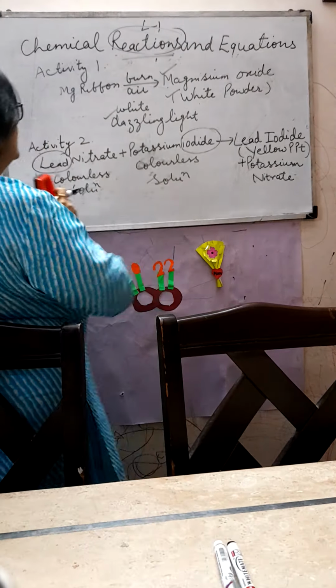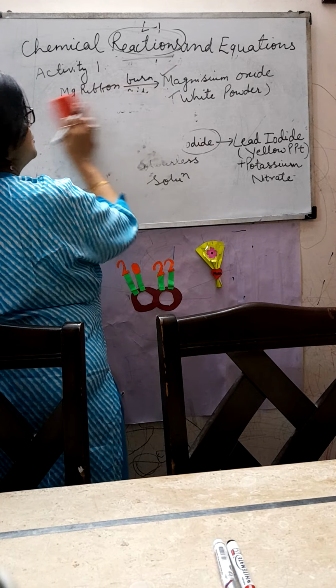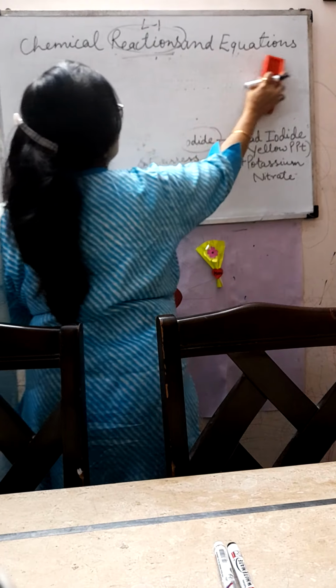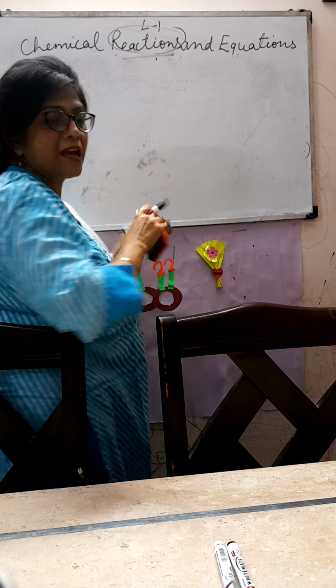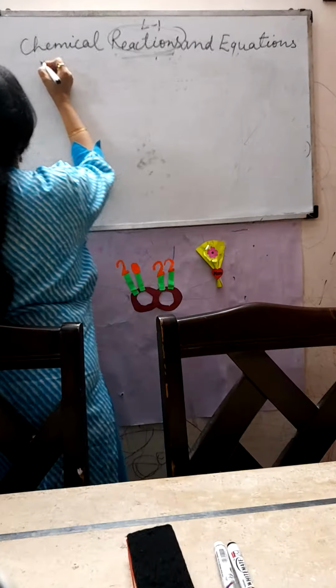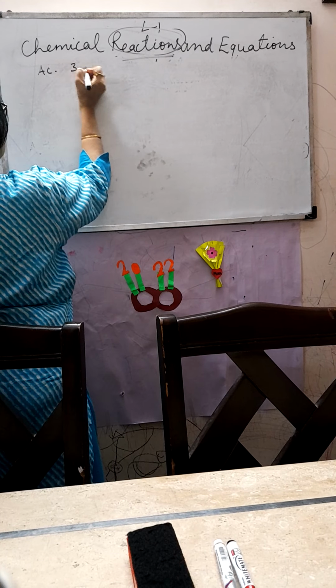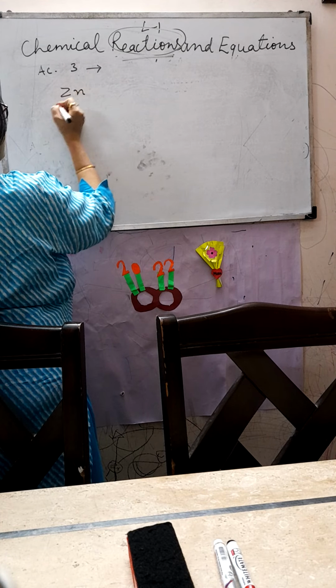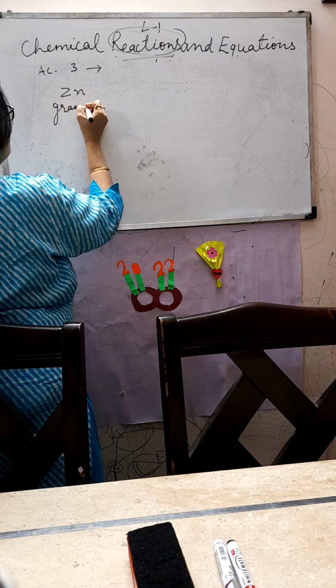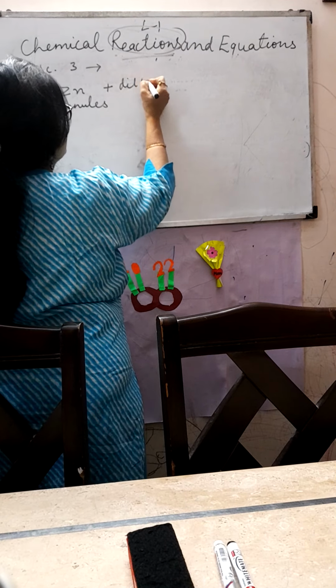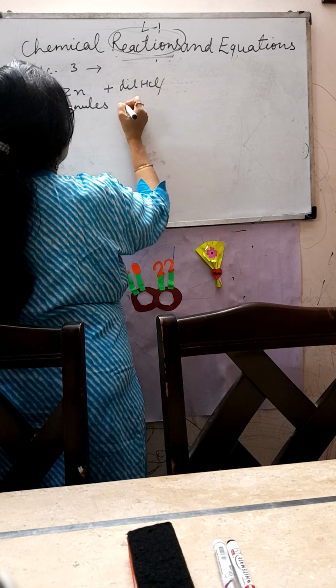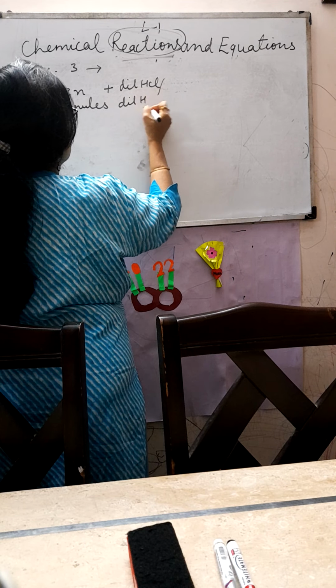Now third activity, activity 3. In activity 3 what we have to do? We have to do the reaction of zinc granules, we have to take zinc granules, plus we have to add dilute HCl or dilute sulfuric acid.